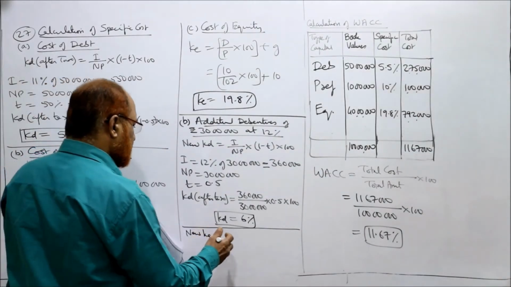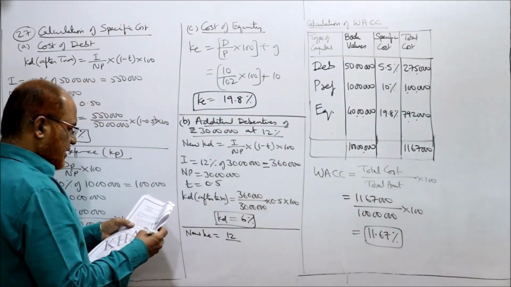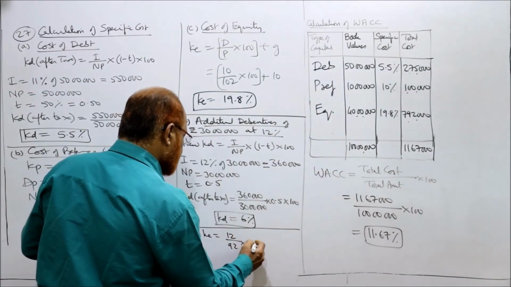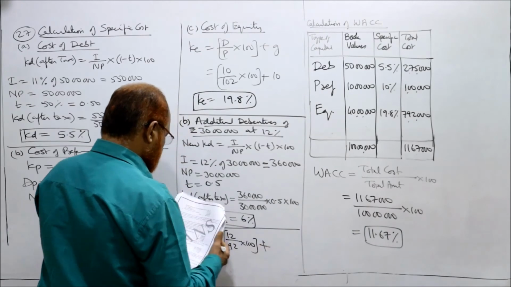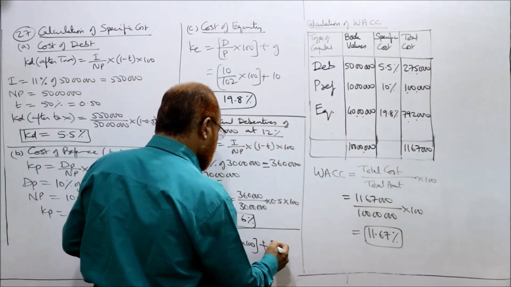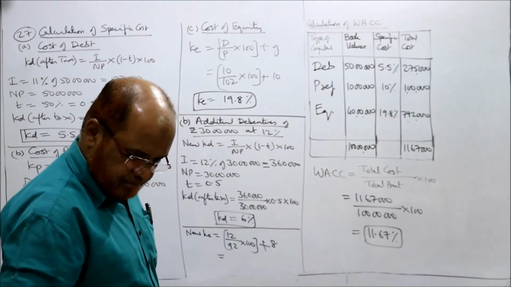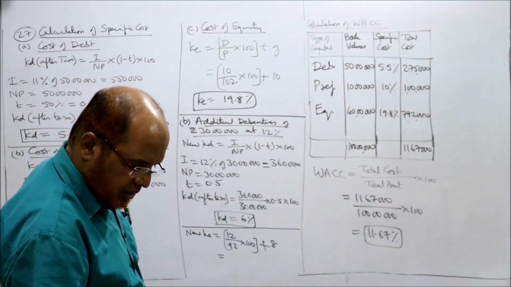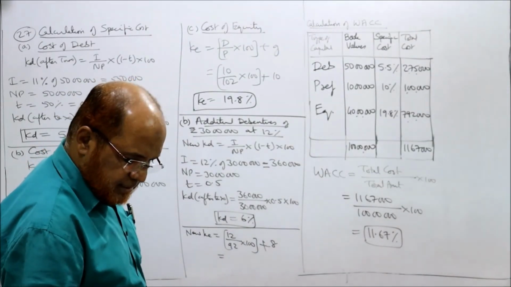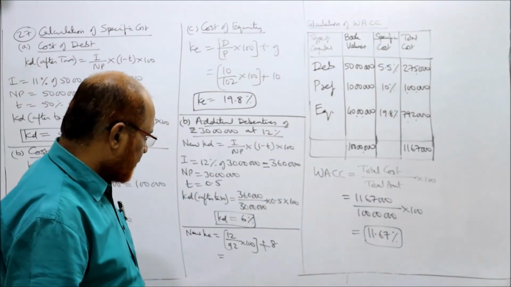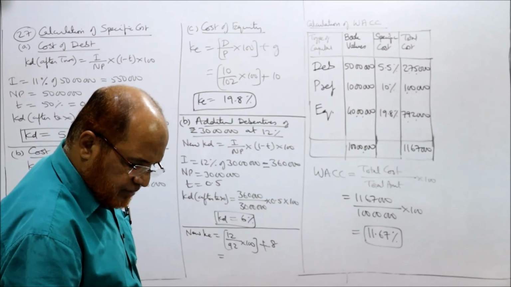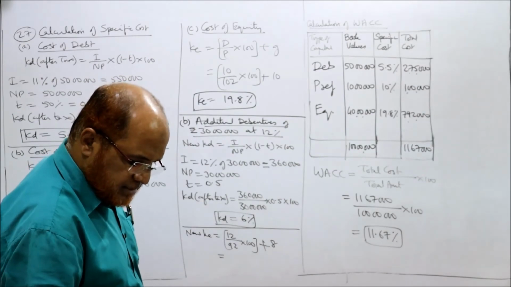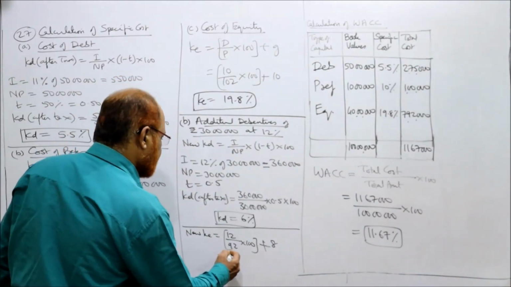Increase in dividend rate from 10 to 12 divided by the fall in the market price from 102 to 92 plus growth rate, reduction in growth rate from 10% to 8%. 12 divided by 92 into 100 plus 8 is equal to 21.04.